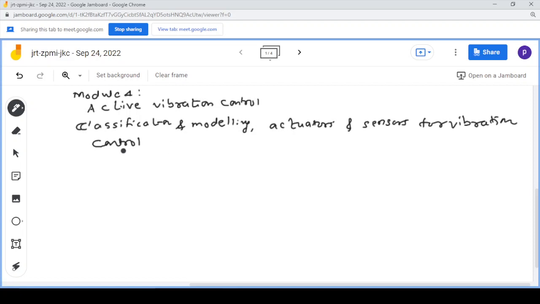Then after this, we will look for active vibration absorption and damping. And later on, we will study the classical control, optimal control, and piezoelectric transducers for active vibration control.